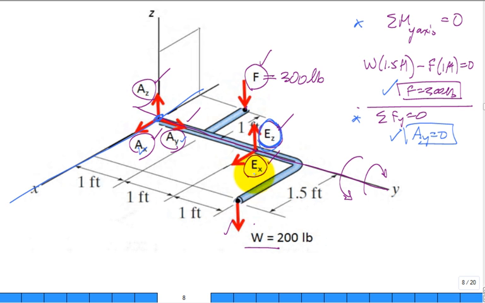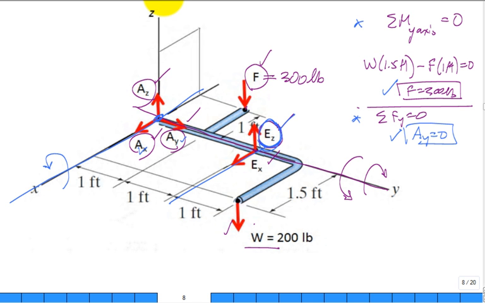How about EX? Does that create a moment about the x-axis? No, it's aligned with the x-axis. But EZ will, with a moment arm distance of 2 foot. And so does it want to make it rotate in the positive sense around the x-axis?